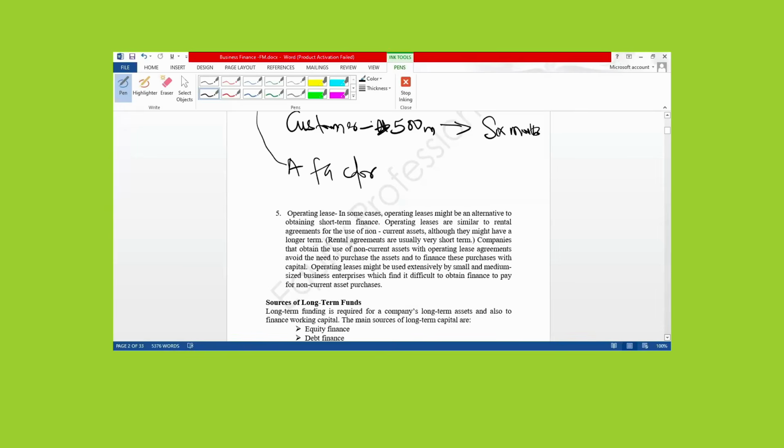Instead of buying the assets, you can lease the asset for some years. You only pay lease rental. By leasing the assets, you have preserved the cash you would have used to purchase them.